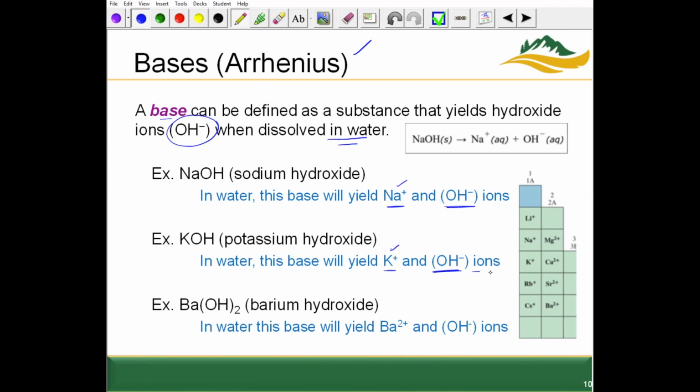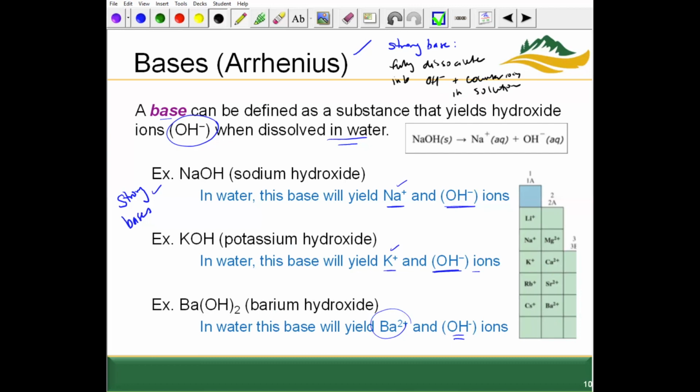These are all strong bases. Another example of a strong base is barium hydroxide. This will yield Ba2+ and OH- ions in solution. For a strong base, similar to a strong acid, these will fully dissociate into hydroxide ions and the counter ions in solution.